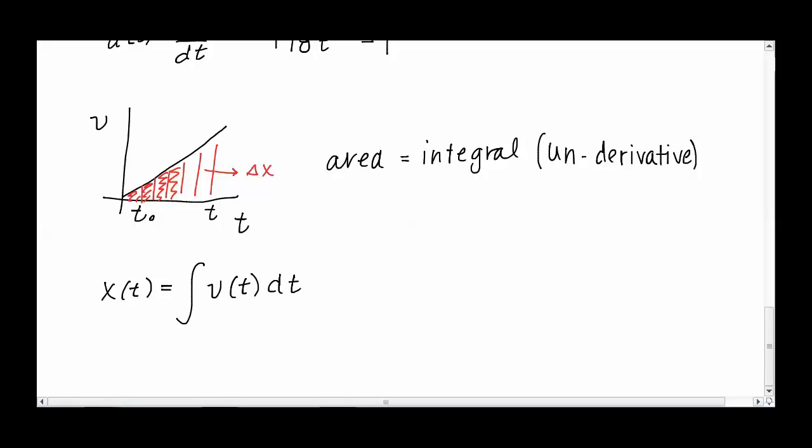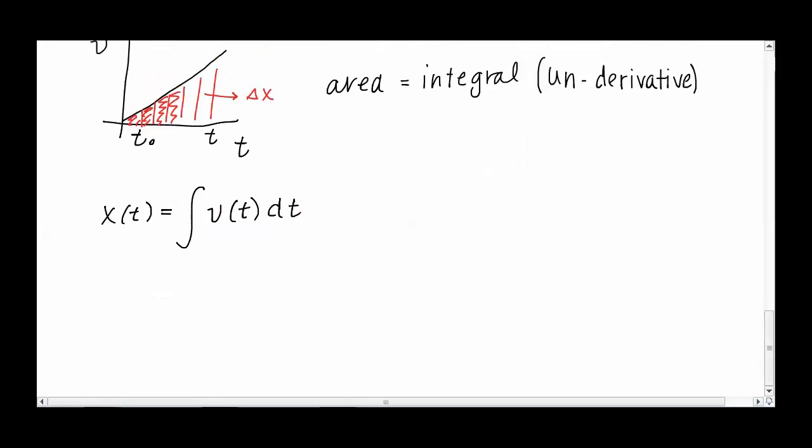So the integral of the velocity function with respect to time will give us our position function. And if we have our limits defined, we'll have a definite integral and we'll be able to find exactly the change in position.